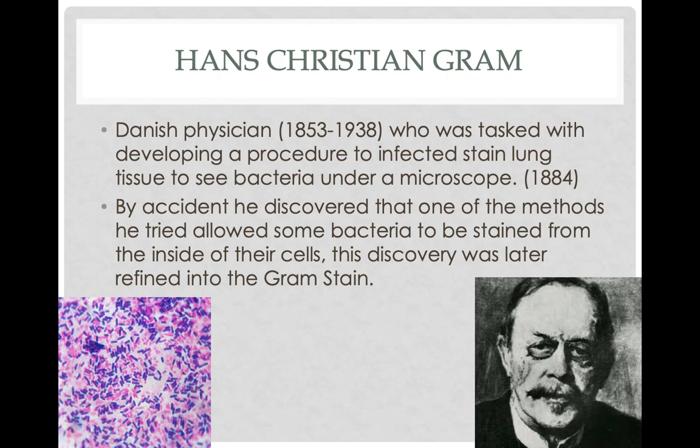So we could take a sample of someone that had a lung issue and stain it with this particular stain, and the lung tissue would be unstained or maybe stained purple, and bacteria would stain green or pink and stand out very obviously from that particular tissue.